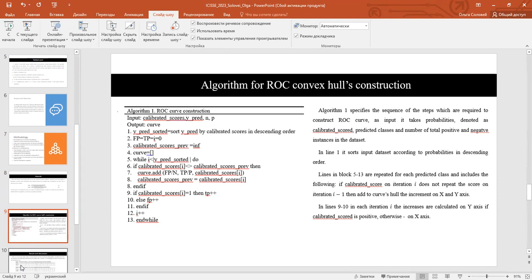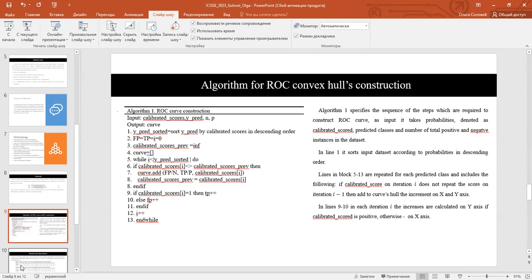To construct the curve, an algorithm presented on this slide is used. It specifies a sequence of steps required to construct the curve. As input, it takes probabilities, denoted here as calibrated scores, predicted classes, and the number of total positive and negative instances in the data. In line number 1, the algorithm sorts the input dataset according to probabilities in descending order. The block from line 5 till 13 is repeated for each predicted class and includes the following.